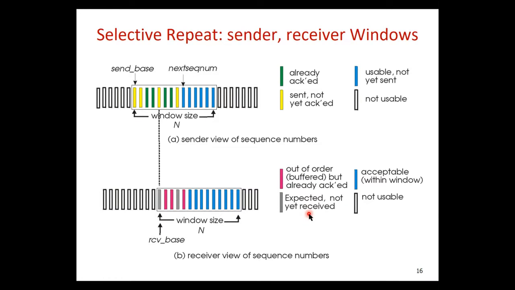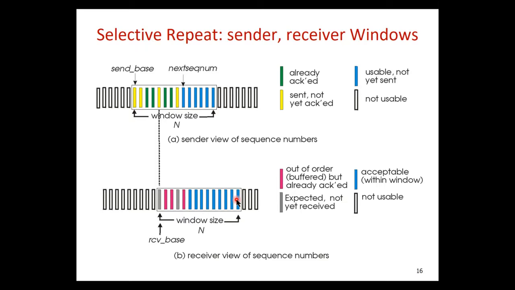We have the ones which have not yet been received, and that is shown in gray. And then we have the ones which have not been received but are acceptable. In other words, if the receiver receives a sequence number that is one of these blue ones, then it will accept them.